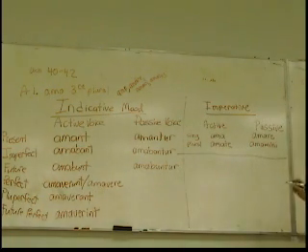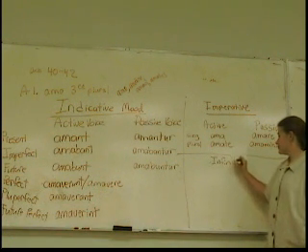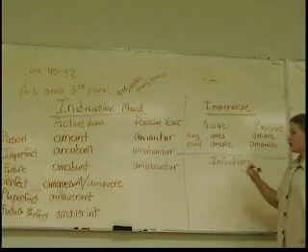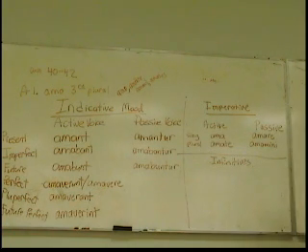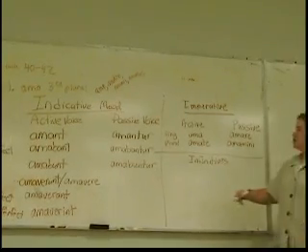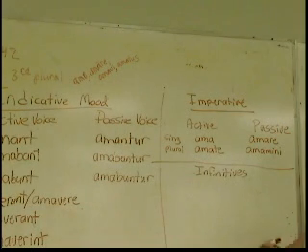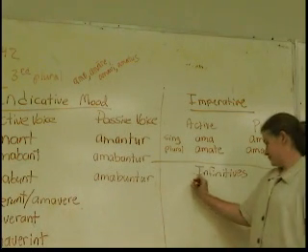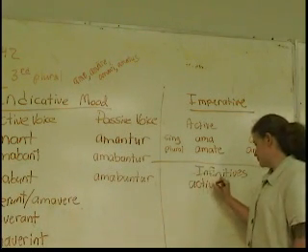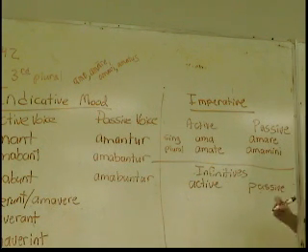Okay, we also know a little bit about infinitives. You're going to have the most forms for the indicative. Are there active and passive infinitives? And infinitives do have tense.